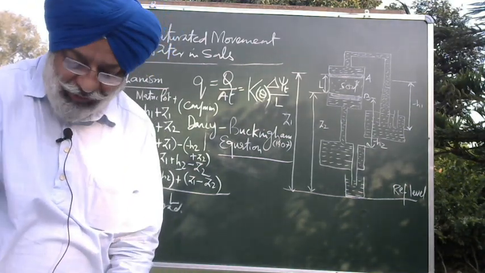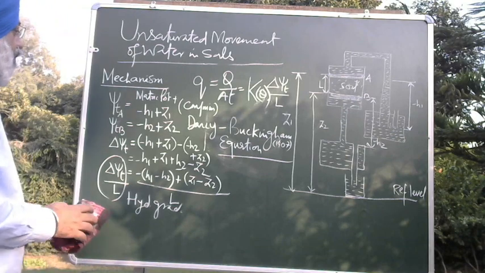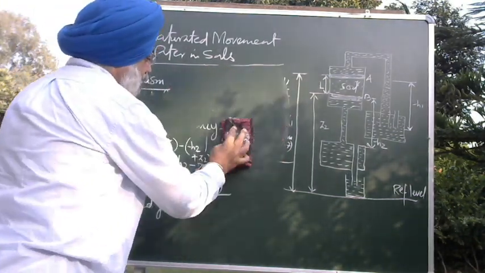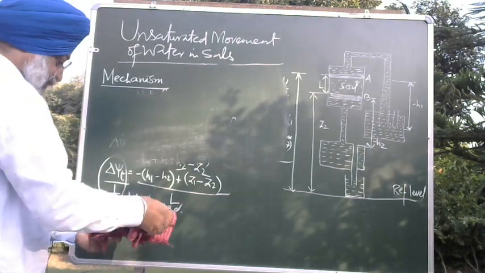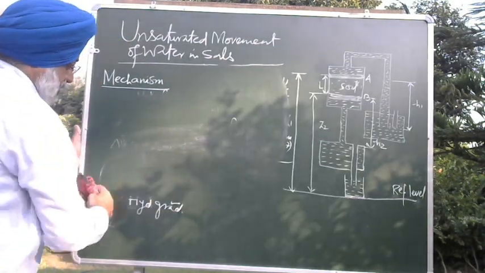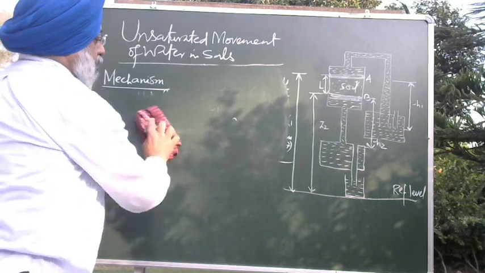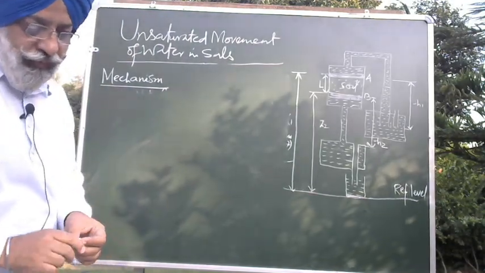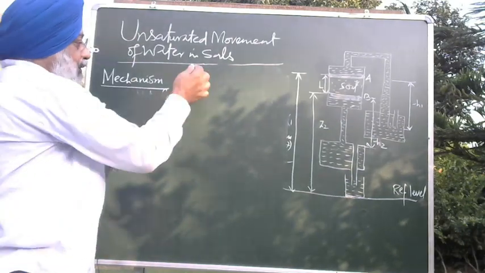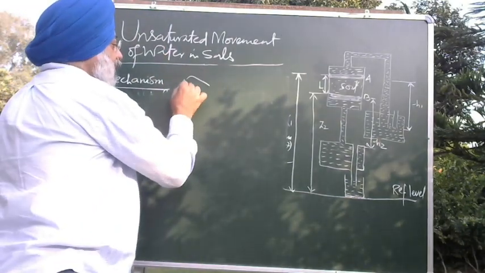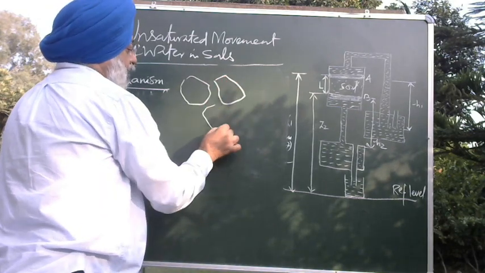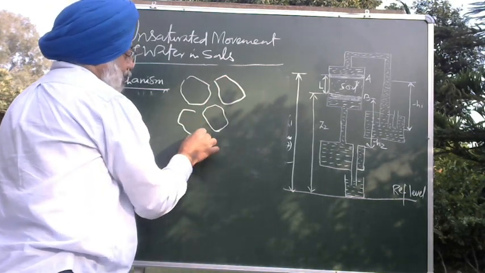So now, what difference is there between saturated and unsaturated soil water movement? First of all, just take a cross section area of the matrix, of soil solids and soil pores.